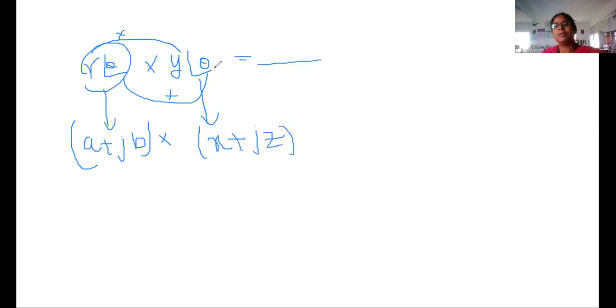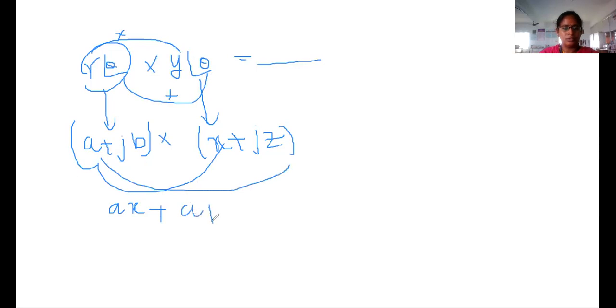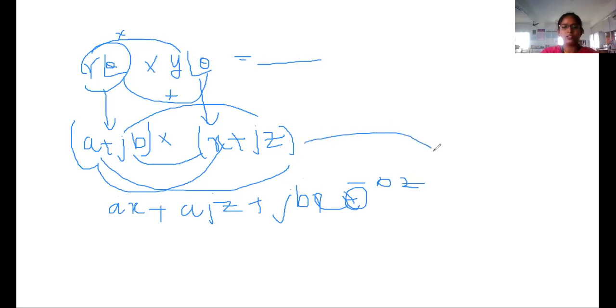This can be converted in the calculator, and then multiply these two: a into x plus a into jz plus jbx plus jb into jz. J into j is j square, so that value is minus 1. In this way also we can do.